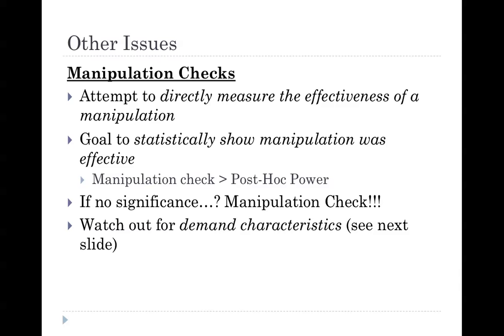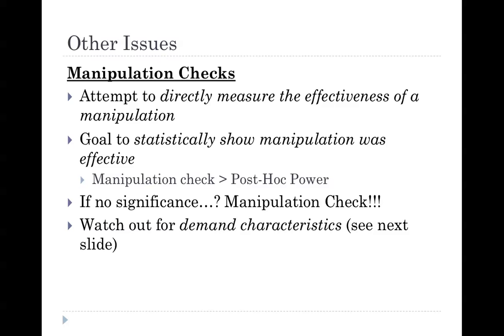So for instance, in the example I gave earlier, in which I gave a description of two different people, Christina and Christopher Davis, as a manipulation check, I asked participants, what was the gender of the leader you were exposed to? This was to ensure that participants were aware that they read about either a male or female leader.